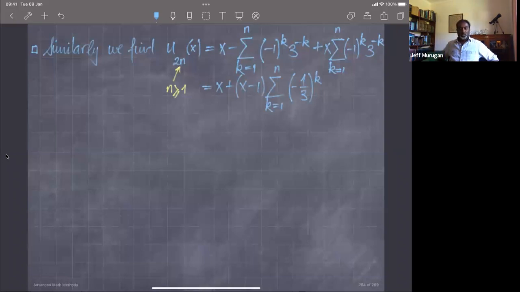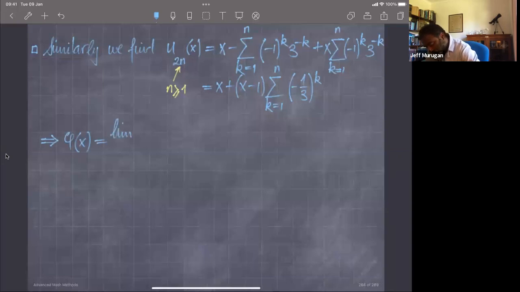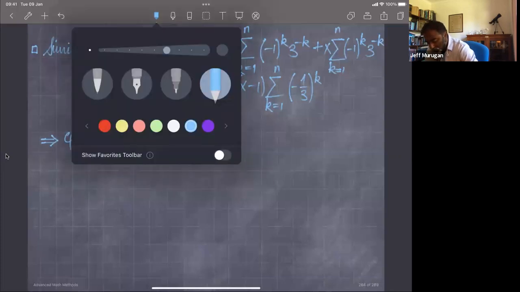And that's just a geometric series, and you can sum the geometric series and then take the limit as n goes to infinity. And in that limit, we find that our solution phi of x is the limit as n goes to infinity of phi n of x. Let's make a note here.